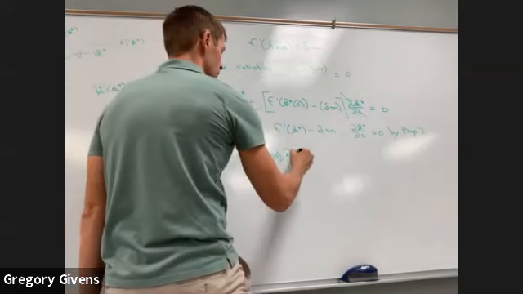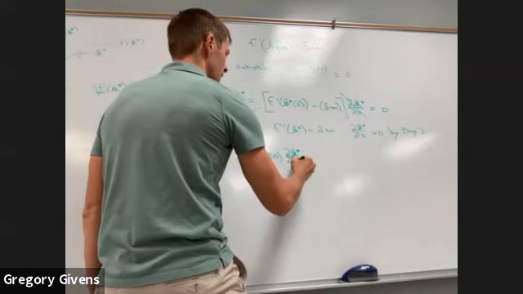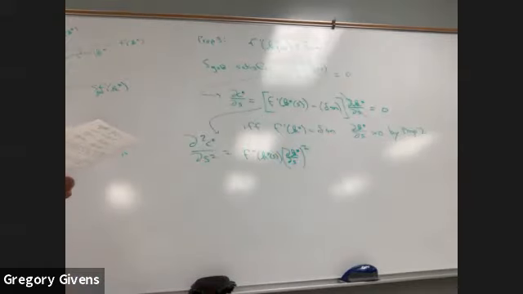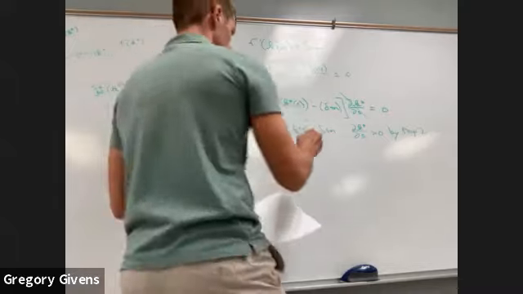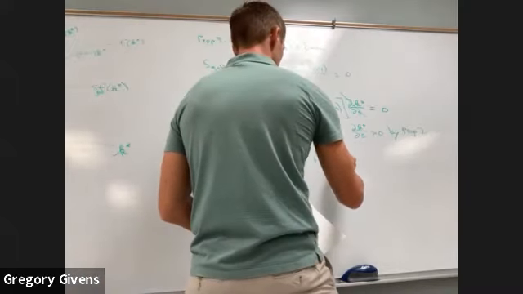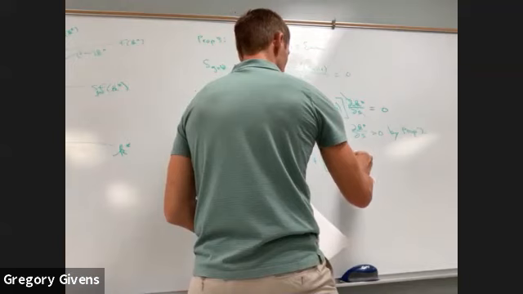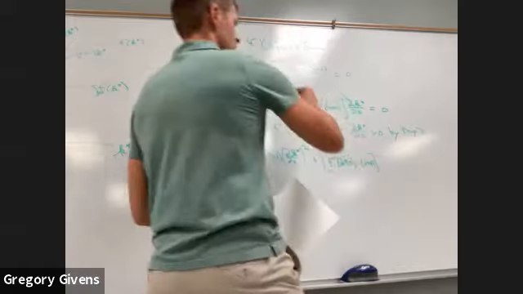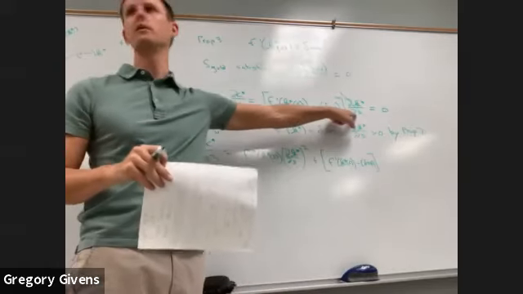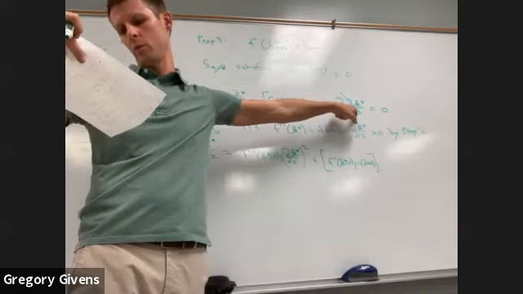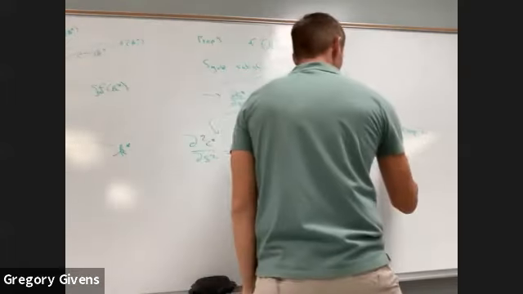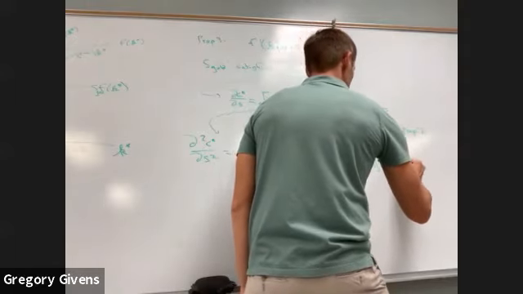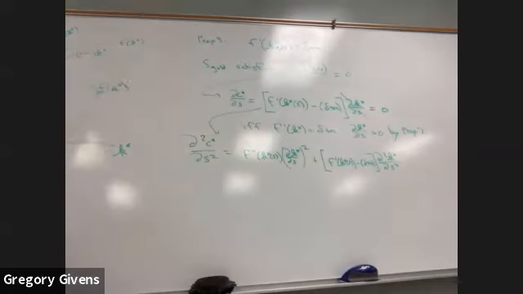So there would be a partial of k with respect to s, squared, plus F prime of k star minus the quantity delta plus n, times the second derivative of k with respect to s twice. So the partial with respect to s twice of the steady state value of capital.